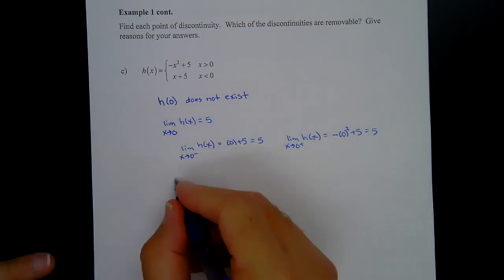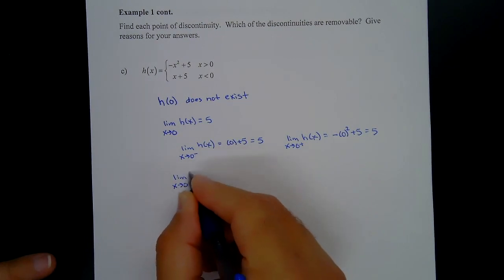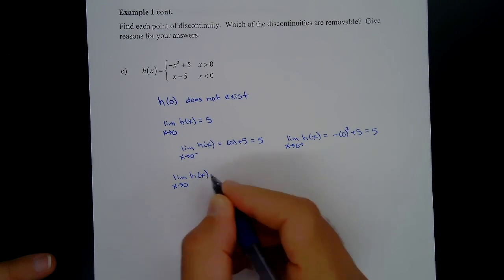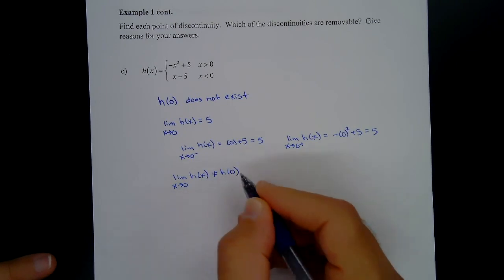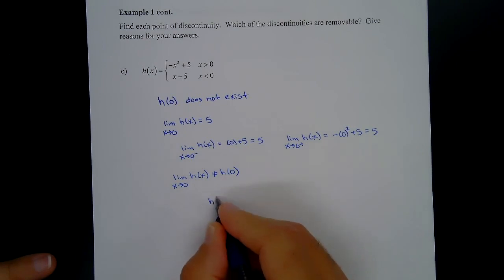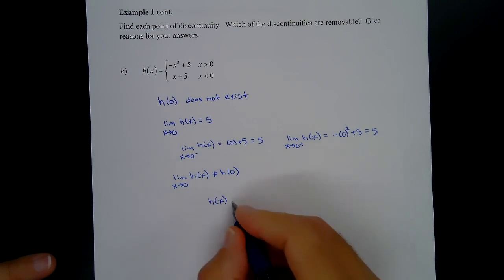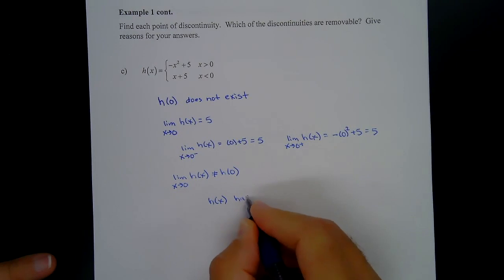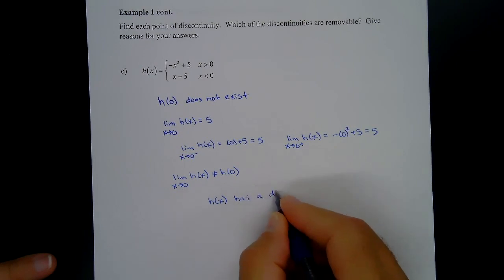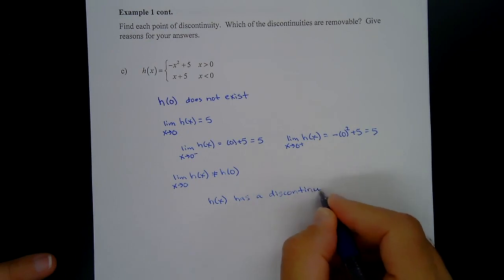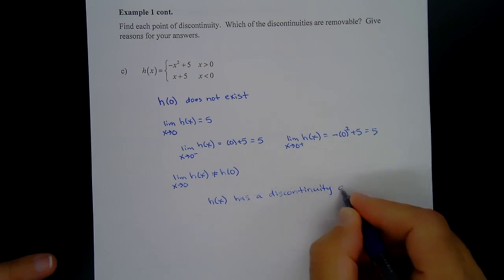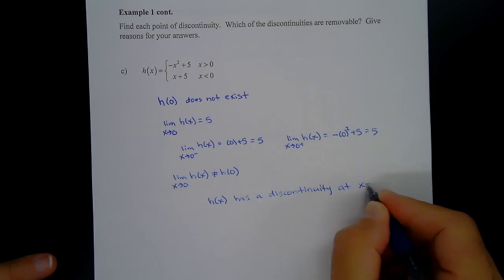Now, we still know that the limit as x approaches 0 of h of x does not equal h of 0. So that tells us h of x has a discontinuity at x equals 0.